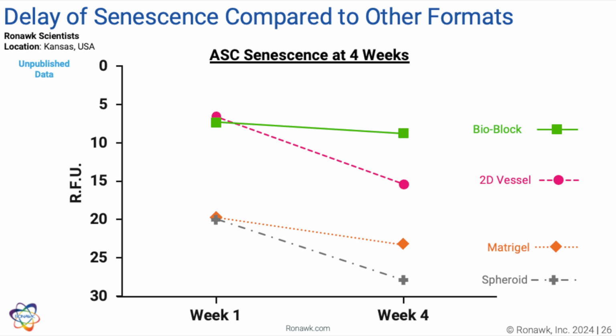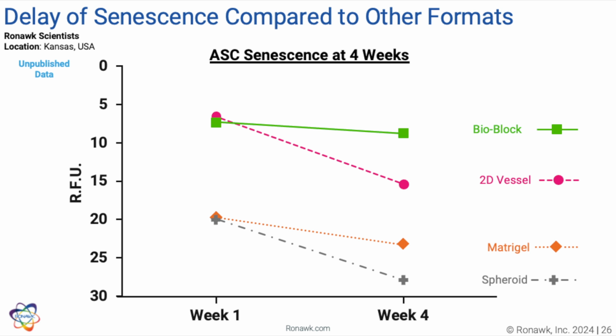And what we saw is that by week 4, there is a very minimal increase in senescence population in the cells growing in the bioblocks. For the 2D, we saw the same increase as previously. But interestingly enough, in the cells grown in the Matrigel, there is a very significant increase in population even at week 1. And for the cells grown in sphere-like structures, there is an even higher senescence population.